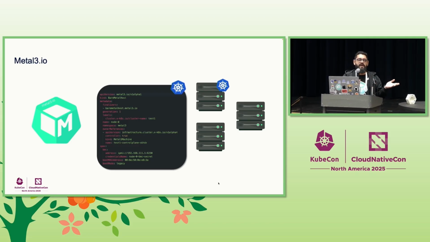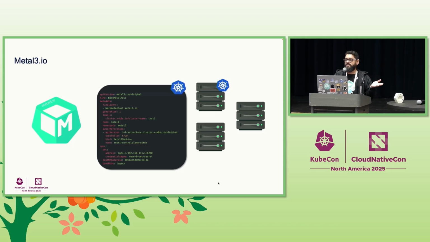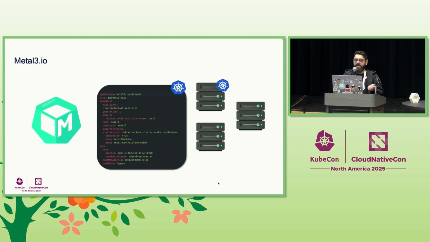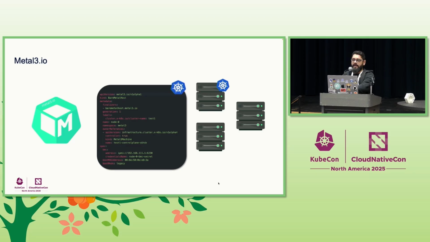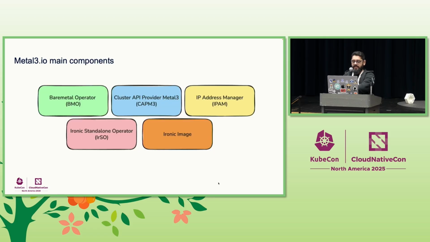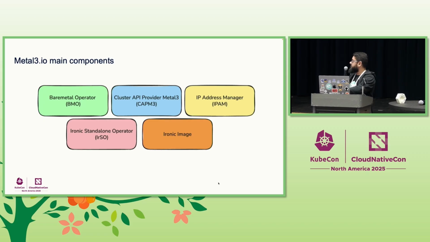You just have to provide information like your baseboard management controller, or BMC, address and BMC secret, and then the MAC address, and that's it. MetalCube can deploy a Kubernetes cluster on top of it, and it also has a provider for Cluster API.